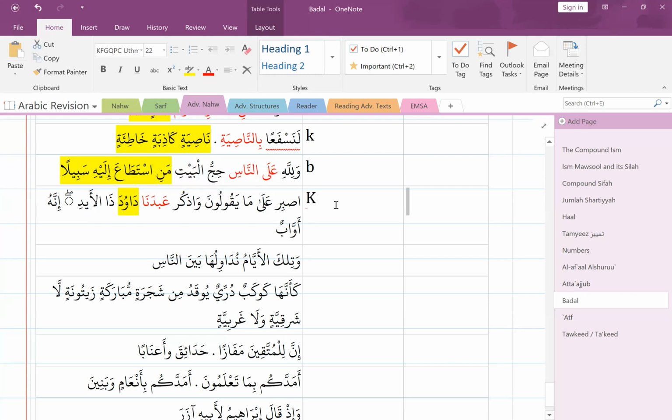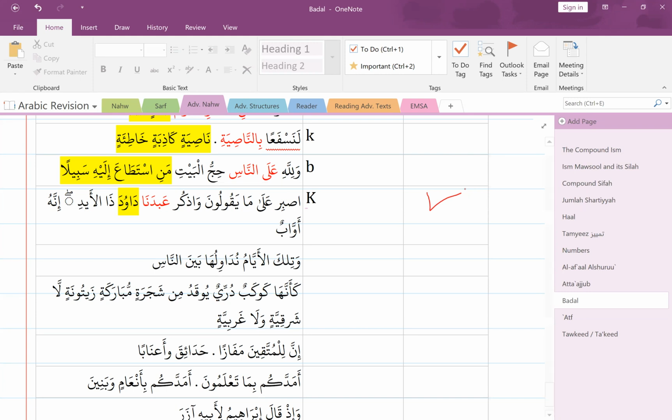And this hu, the dhamir in innahu, isn't it going back to Dawood? Yes, it's going back to Dawood. But we have to see within the ayah, before it ends, we have to find it. With the dhamir, it only comes in two cases: badal al-ba'd and badal al-ishtimal. In badal al-kull, you will not find it.